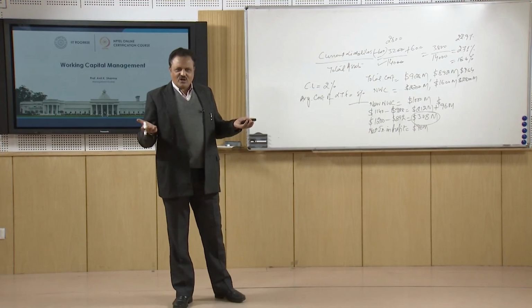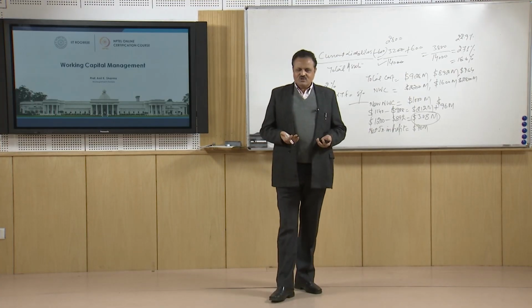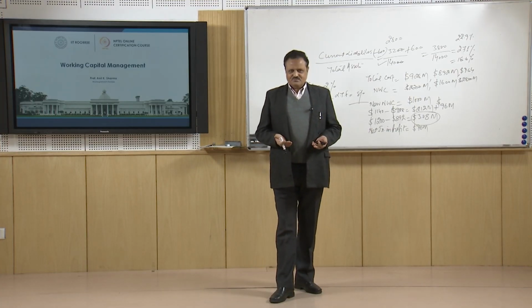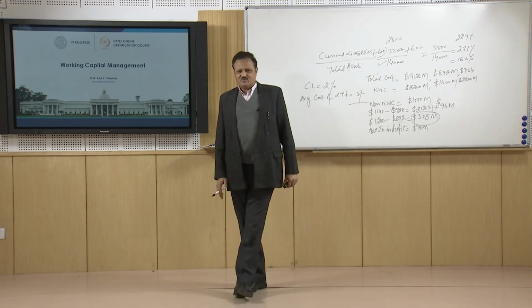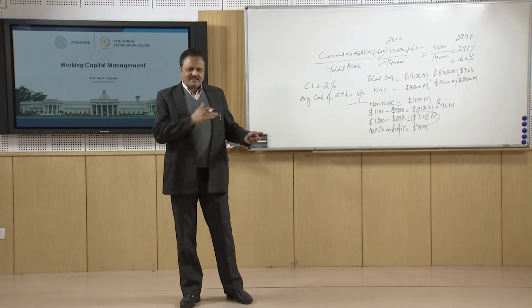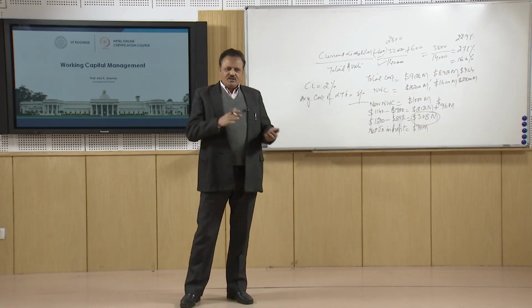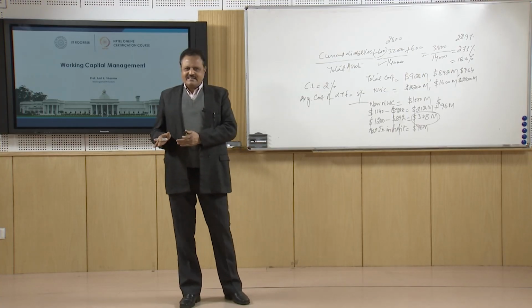In a way, this is the aggressive approach, the extreme approach, which to some extent may not be viable in real life, because either you can decrease the level of current assets keeping the current liabilities the same, or you can increase current liabilities keeping the level of current assets the same.